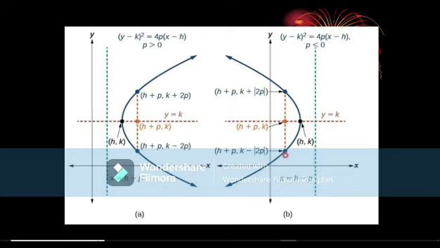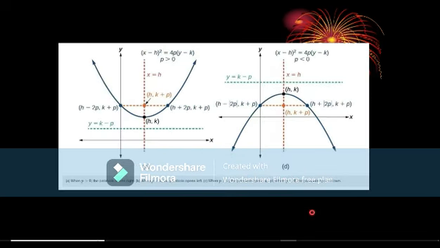Okay, let's continue. If the axis of symmetry is vertical, you have here the vertex, the focus, and the directrix.